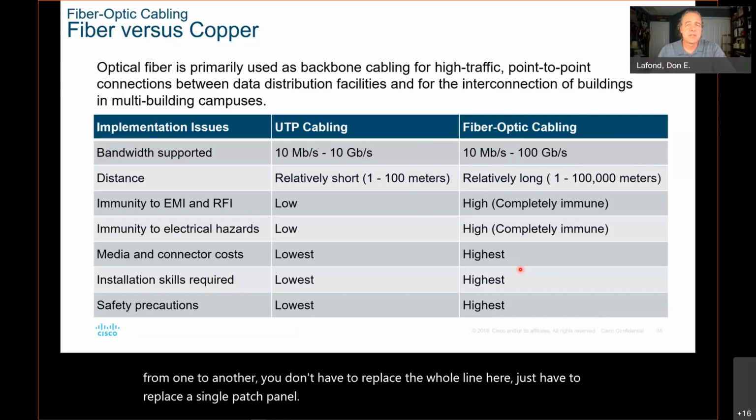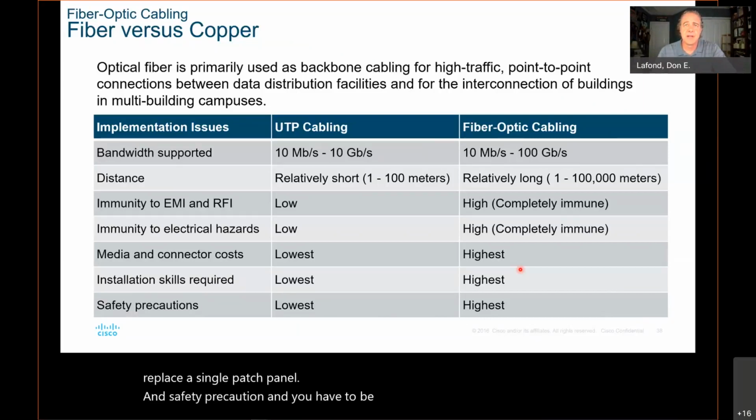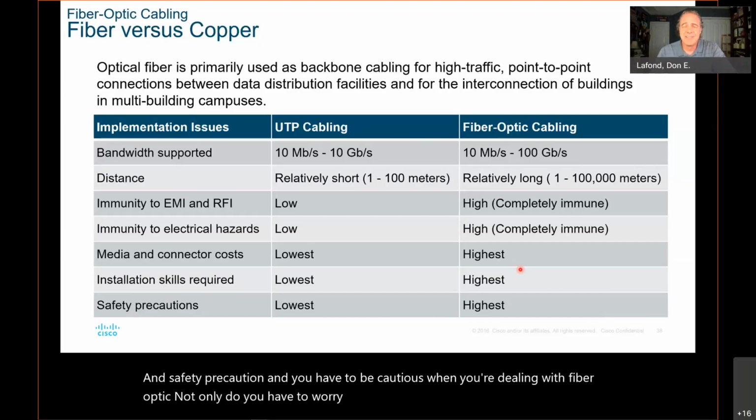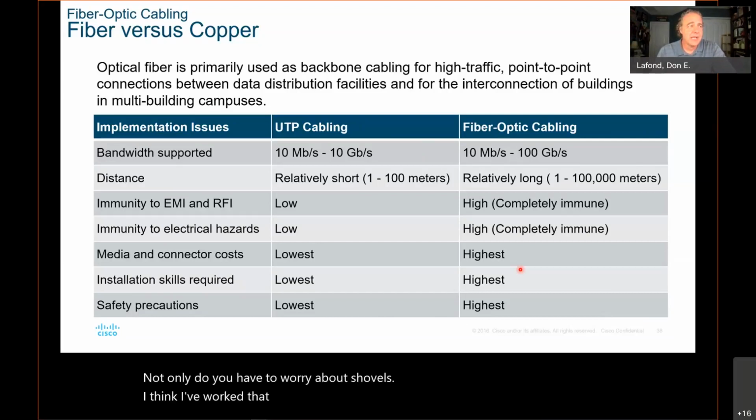And a safety precaution: you have to be cautious when you're dealing with fiber optic. Not only do you have to worry about shovels, I think I've worked that humor as far as it's going to go, but you also have to worry about twisting the cable.